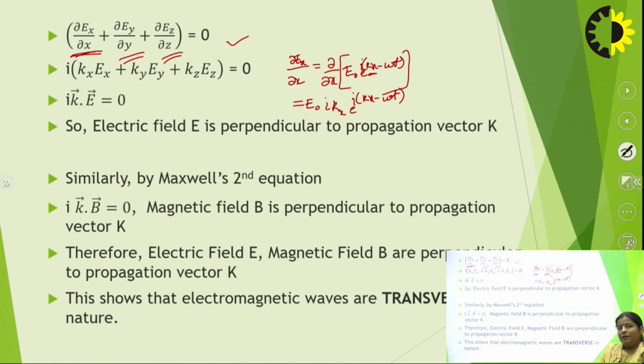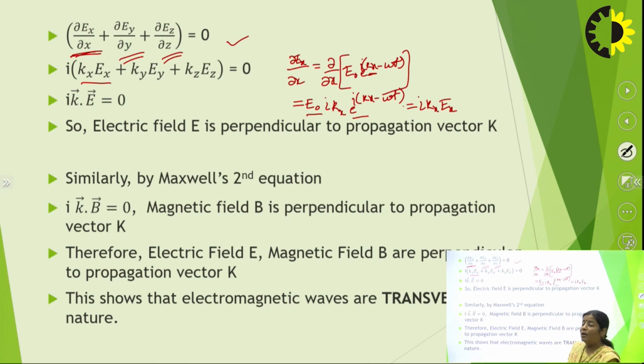We can have this differentiation like this. Now what happens? E0 and this whole part is Ex, so we have i kx Ex. So when we differentiate ∂Ex/∂x, we will have this part. This is how this term is obtained.